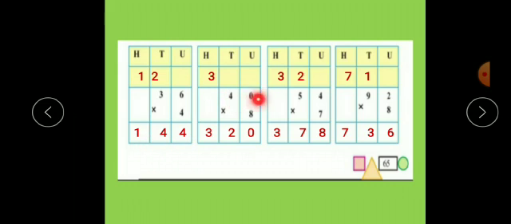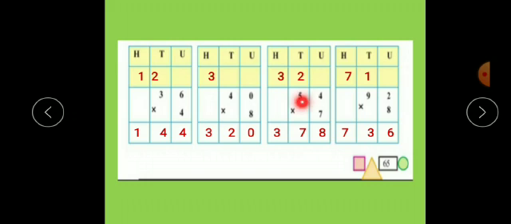Similarly, 40 multiplied by 8. 8 zeros are 0. So write 0 here. 8 fours are 32. So write 2. 3 is carrying over to the next place. Again there is no number to multiply, means you can write 3 directly here. So the answer is 320.